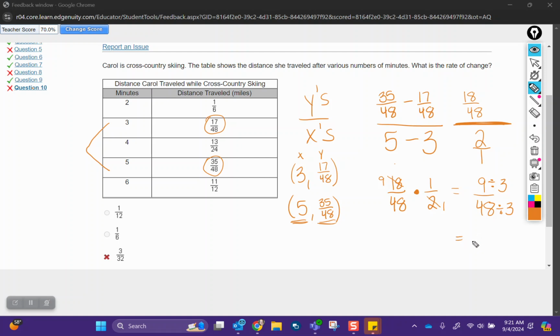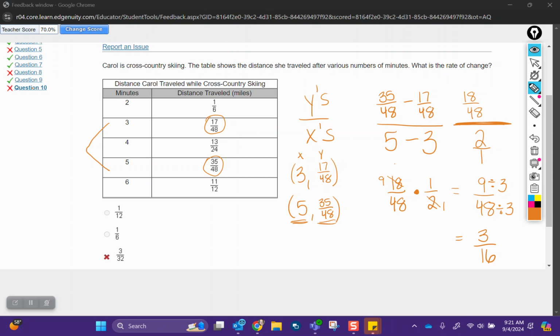So when I reduce this fraction, 9 divided by 3 is 3, 48 divided by 3 is 16. So you get a rate of change of 3/16. That means, in the context of the problem, it's basically a unit rate. It's how much distance she is traveling per minute.